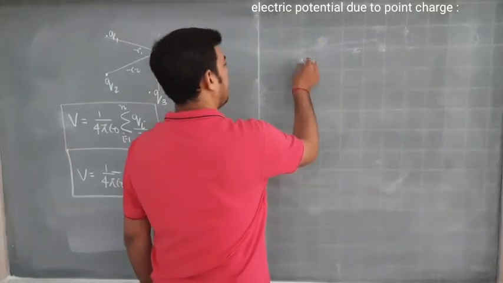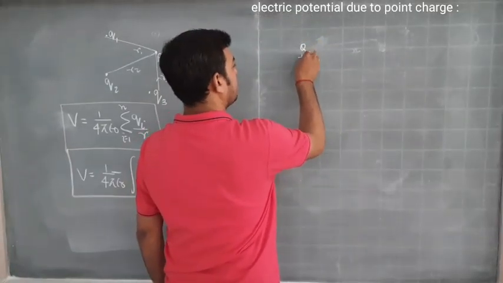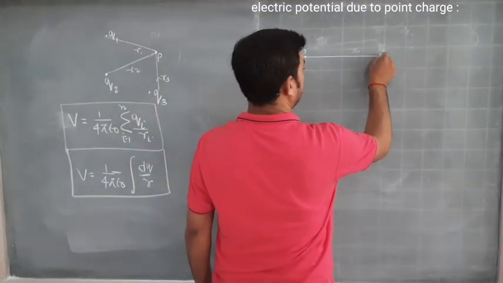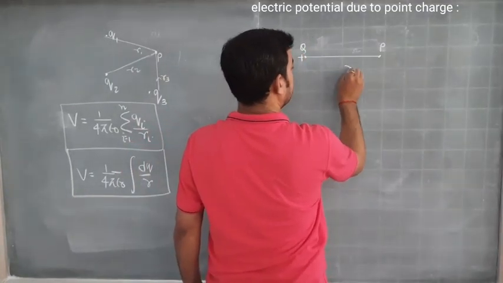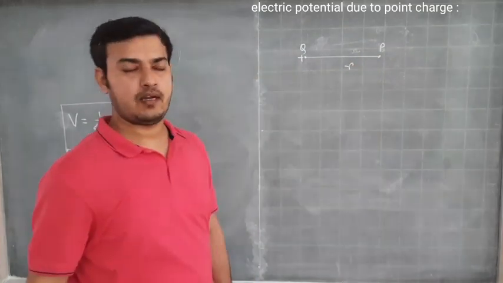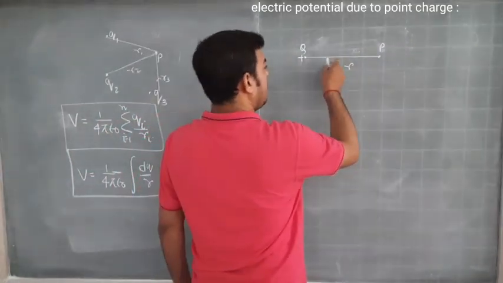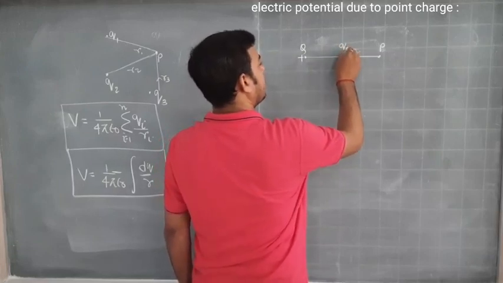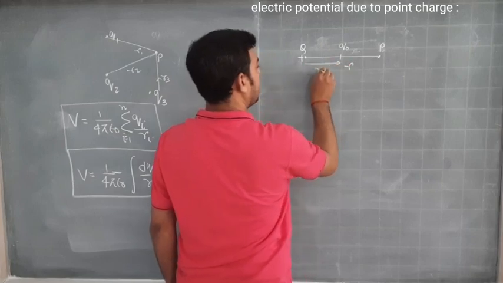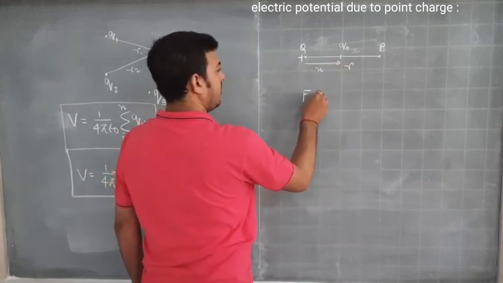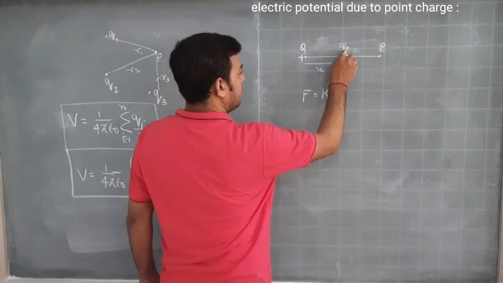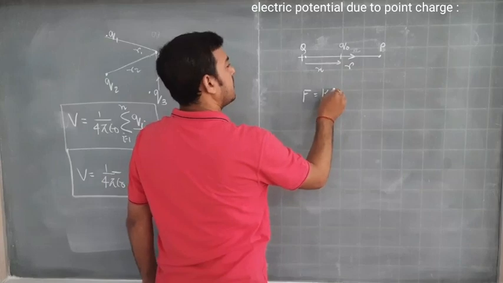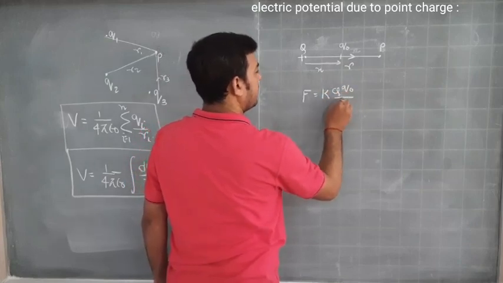Consider a charge Q that is producing an electric field around it, and I need to find the potential at this point P, which is at a distance of R from this charge. For calculation purposes, first of all I will put a test charge over here at a distance of x from this charge, and from Coulomb's law I can find the value of the force that will act on this test charge, and definitely it is going to be away, and that is Q Q naught by x square.